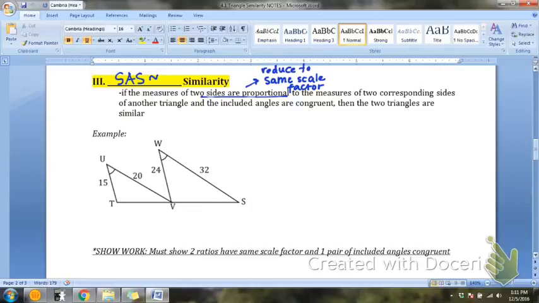So if we're going to use side angle side, we have to check two things. The first thing we need to check is that the included angles are congruent. And we need to check the sides to be proportional.